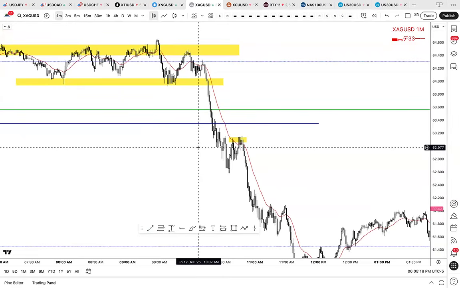We were simply just trading the behavior of the markets by just identifying basic structure on a daily chart, 4-hour chart, 1-hour chart. We would drop down to the next time frame and observe the behavior. So we're looking for wick rejections, exhaustion, signs of the market failing to break higher, or signs that the market is retesting a breakout area.